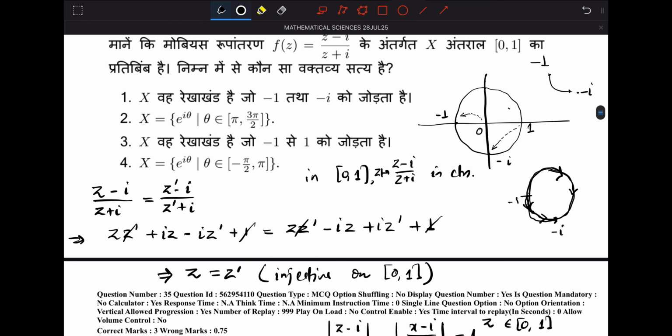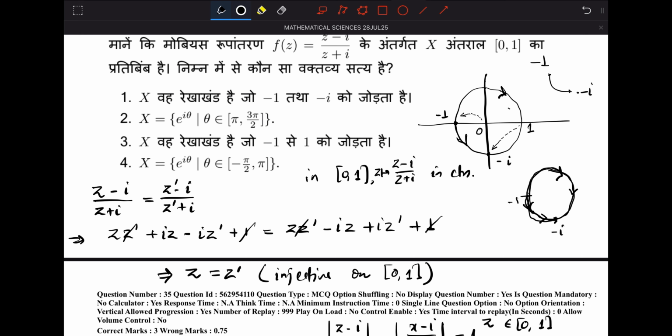So there are only two ways of joining minus 1 to minus i: one way is here and one way is here, and as we showed this is injective. That means any path does not cross a single point twice. So two possibilities are there, this path or this path.